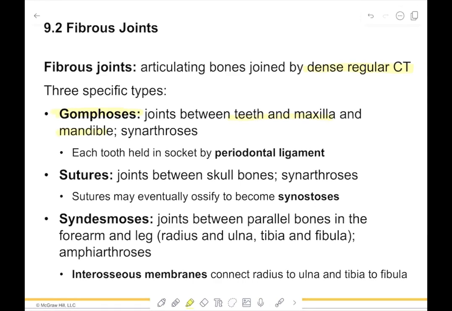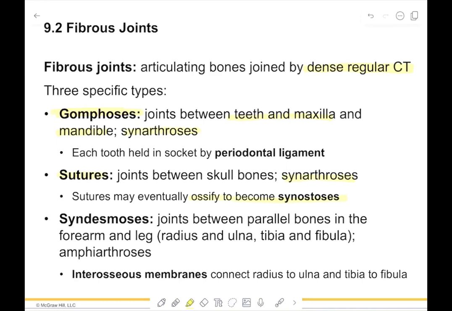Function-wise, it's called a synarthrosis. So for each joint, there's a structure term and a functional term. The next example is a suture, which is also called a synarthrosis. Eventually, when it ossifies, it becomes a synostosis.